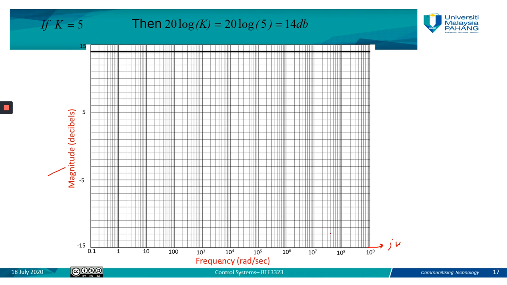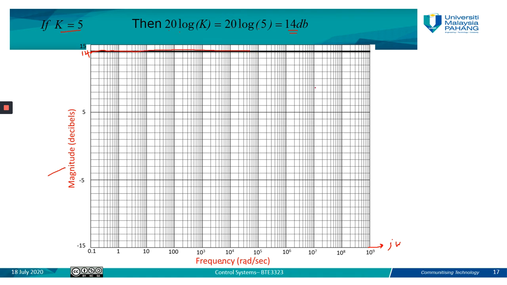If k equals 5, for example, 20 log k will be 20 log 5, so it will be 14 dB. When we draw the log magnitude here, we go to the point of 14 and draw a straight line on the semi-log paper.